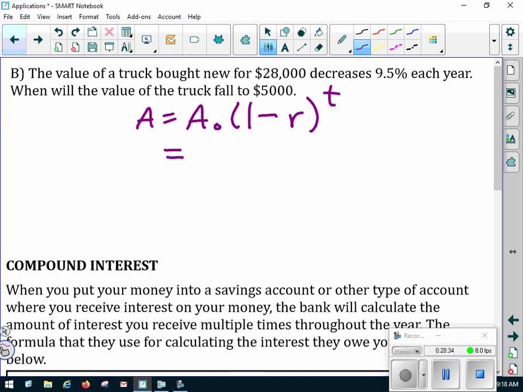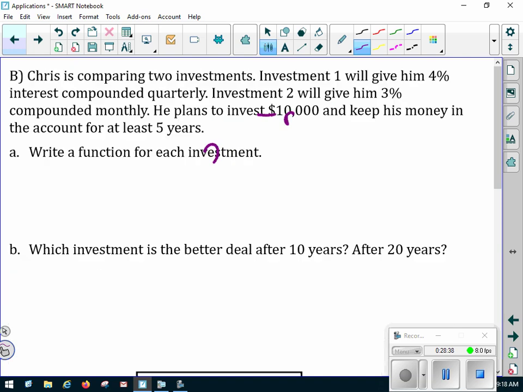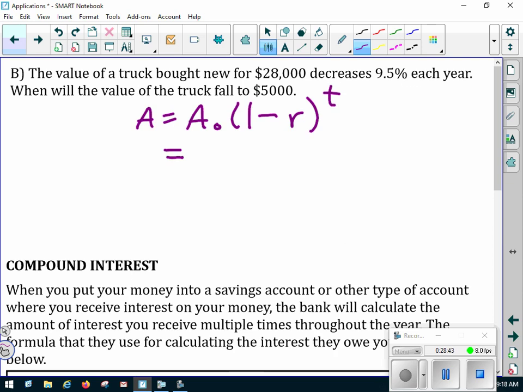I think he's hilarious. What's A naught? 28,000. How do you know? 1 minus what? 9.5. How do I write that as a decimal?